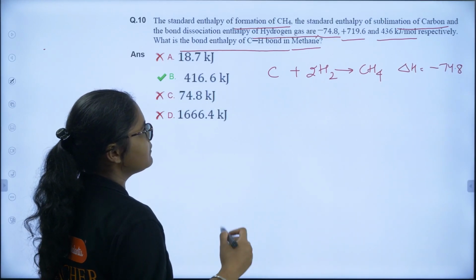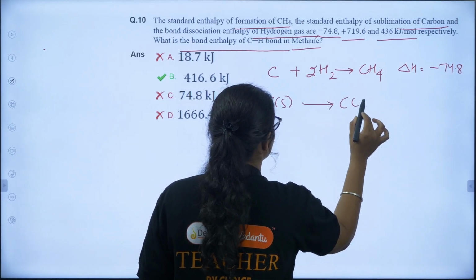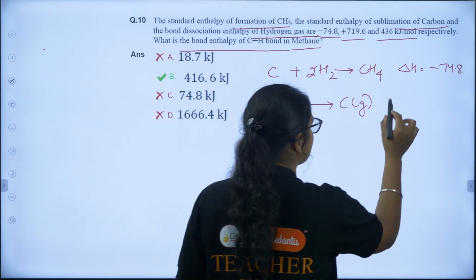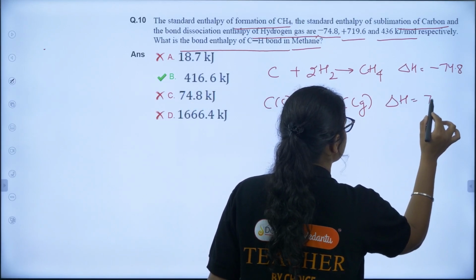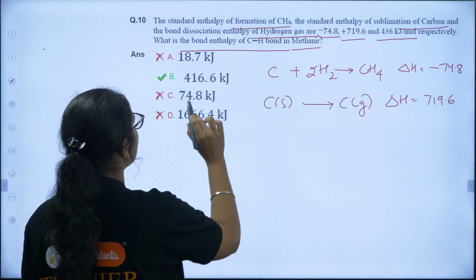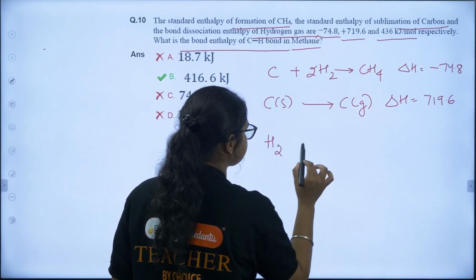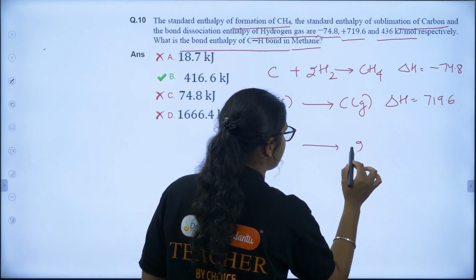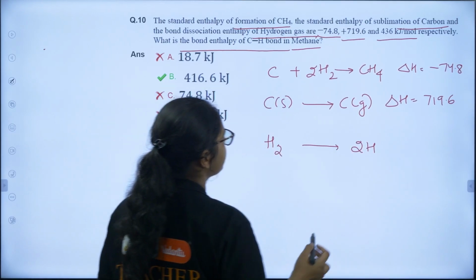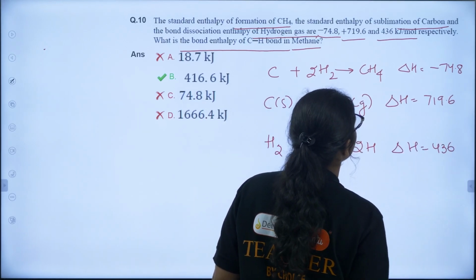Next is your enthalpy of sublimation of carbon. So this energy is your 719.6. Okay, and then we have bond dissociation enthalpy of hydrogen. So hydrogen is there, and it will break to 2 hydrogen. So the bond dissociation enthalpy of hydrogen gas, delta H, is 436. Okay.